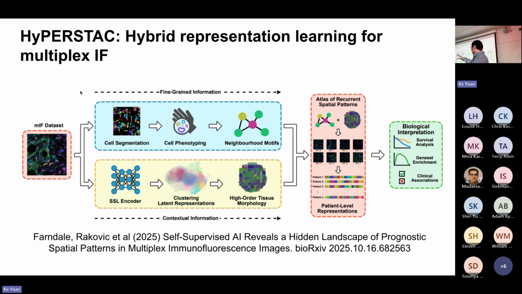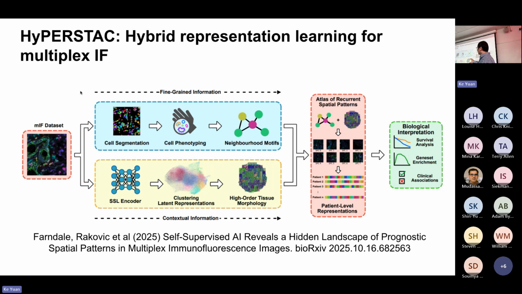Even well-established methods of cell segmentation, cell phenotyping and analyzing neighborhoods take a very long time and are very difficult to get right. So naturally, we asked the question: what if you do self-supervised learning for those? Because those panels are not huge, we can really use a multi-channel CNN to deal with this problem.